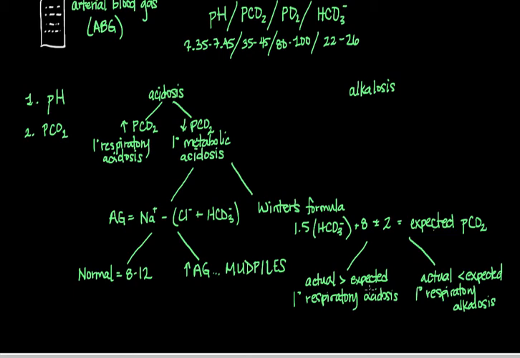So there is a respiratory acidosis. And it helps to recall that carbon dioxide is an acidic entity. And the same thing for if the actual PCO2 is lower than the expected or calculated PCO2 for a respiratory response. If the patient is breathing off too much carbon dioxide, then they will have a concurrent respiratory alkalosis.